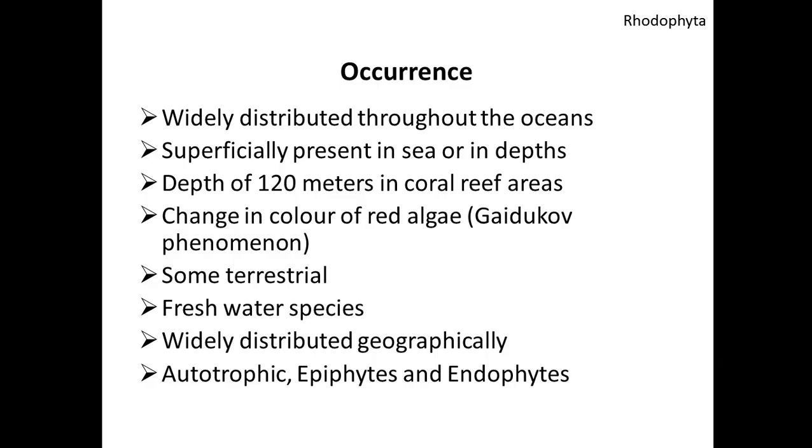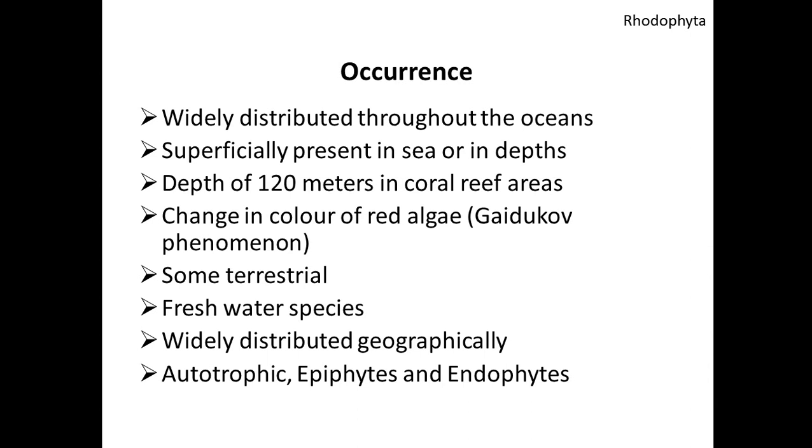So they are found in abundance on the surface as well as in the depths of oceans. They may be found at a depth of 120 meters, particularly in the coral reef areas. And what are coral reefs? Coral reefs are ridges of rocks in the sea. They are formed by the growth and deposit of calcium carbonate excreted to form a hard skeleton.